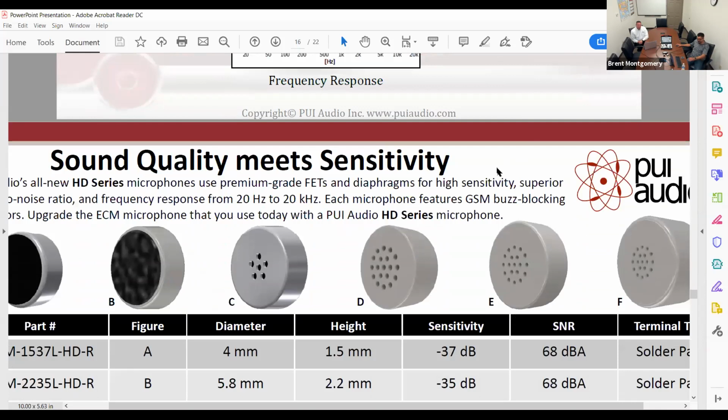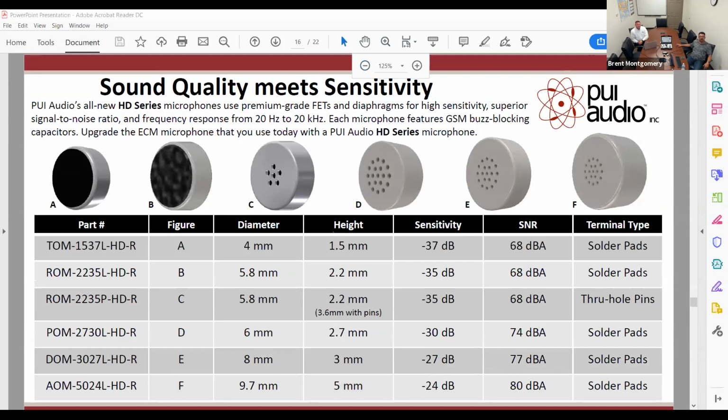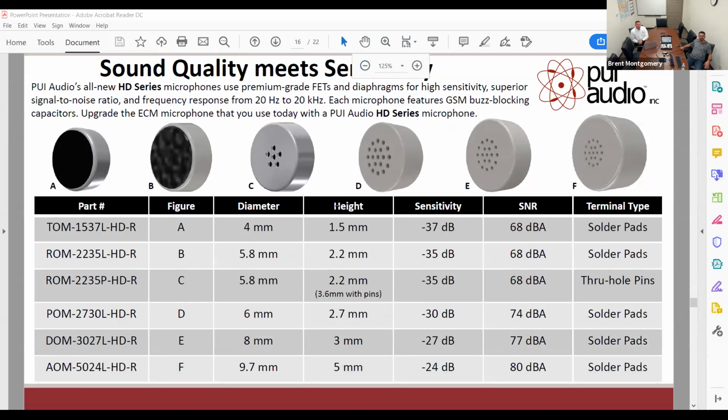Not to just show you MEMS microphones, we also have high quality ECM microphones. Let me zoom out a little bit. A couple of years ago, we went to our microphone factory and tasked them with developing a line of microphones with all the features that you could ask for, as well as the best performance in the industry.